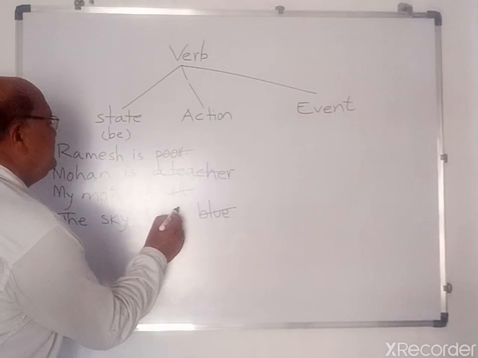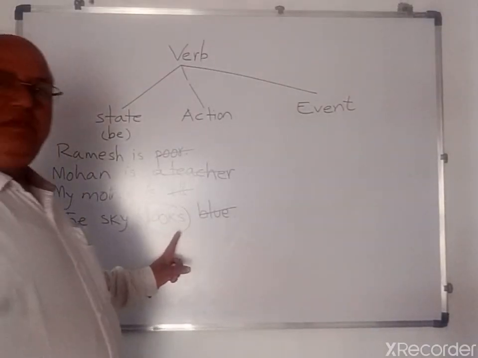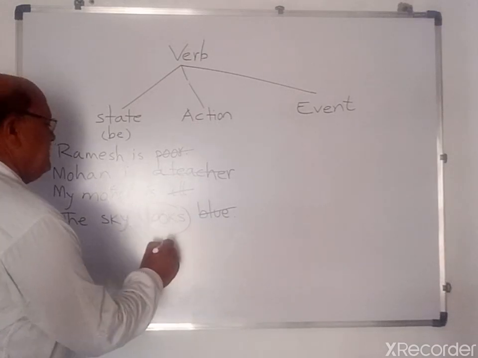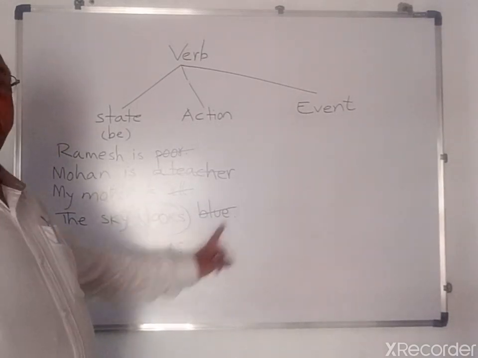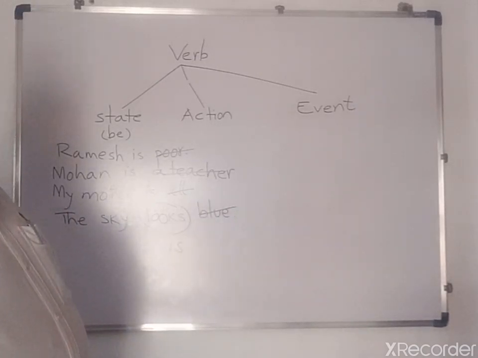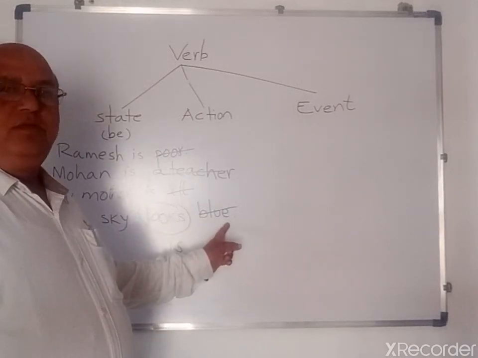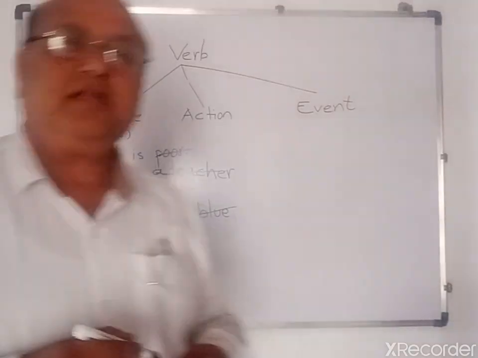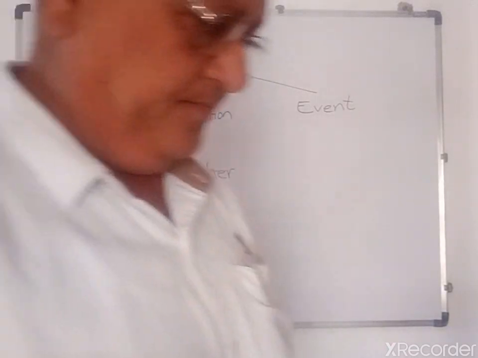Look, this is a word. If we delete this and use this is appropriate. The sky is blue. We can say the sky looks blue. So all the SVC pattern of sentences, they come under state verb.